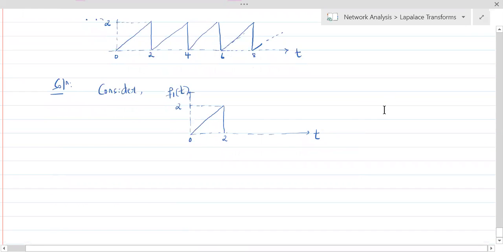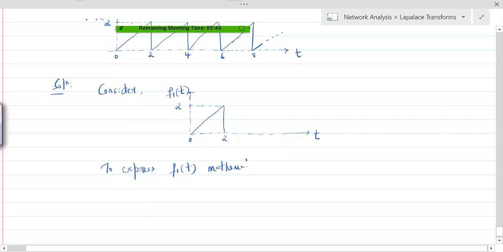So how can we do that? To express f1 of t mathematically, what we need to consider is what I'm telling you.